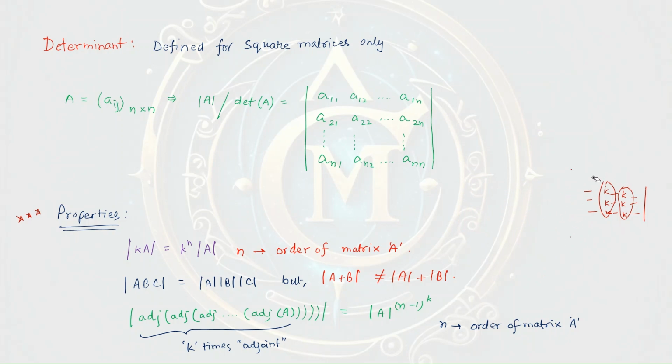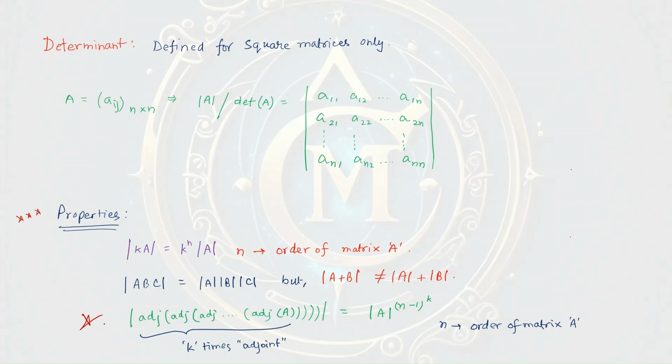We just saw that for a 3 by 3 determinant, the determinant of k times all the elements is k to the power 3 times the determinant of the rest of the elements. And determinant can be distributed over multiplication but cannot be distributed over addition or subtraction.